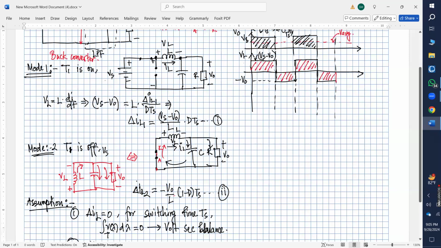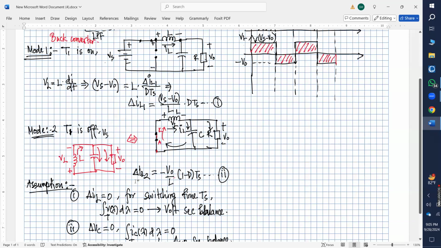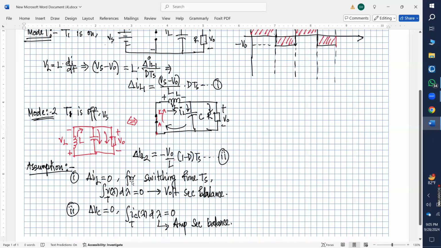So simply, if you add these two equations, taking this block here, we can write del IL should be 0.